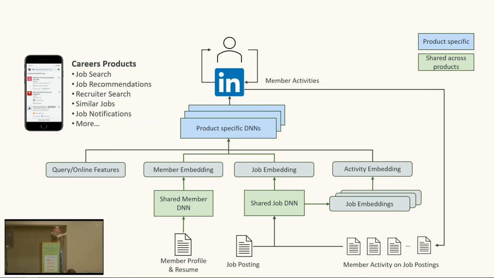For each product, we have a different model that we train on top of these features. This is something that we're working on right now. We're starting to explore how we can use multitask learning instead of having custom towers on top of each of our models. If you have experience with multitask learning powering different products, and how you do trade-offs around those products, I'll be very happy to discuss with you.